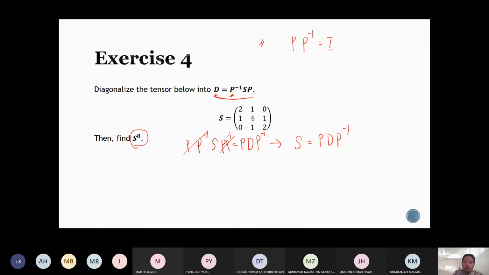So how to find S to the power of 8? Basically you multiply S 8 times. If you calculate manually, you will faint. Using a calculator is okay. But what happens if you want to do this manually? You have to multiply 8 times.